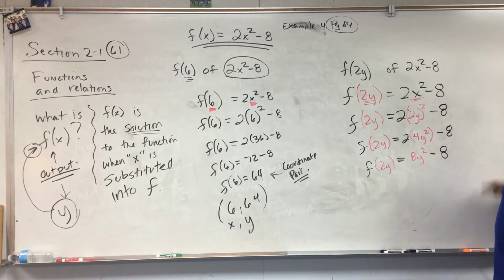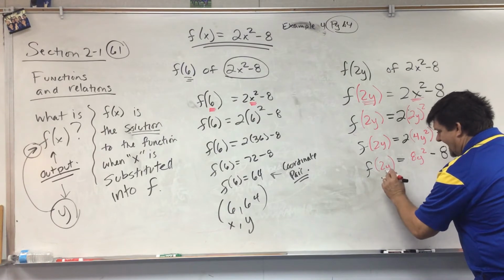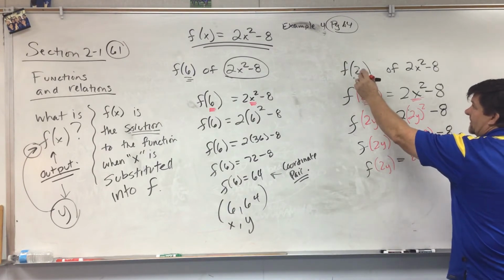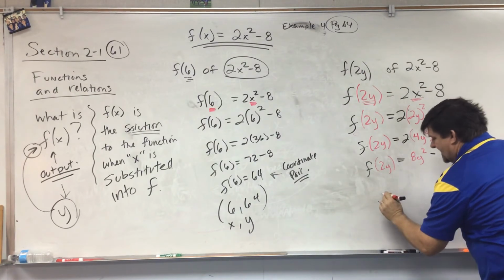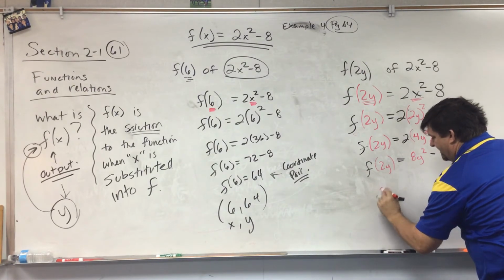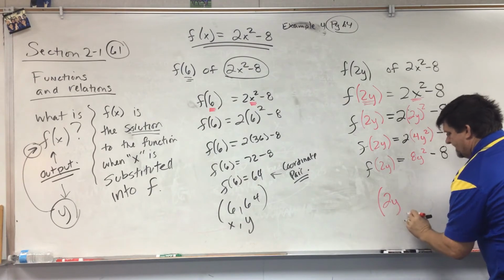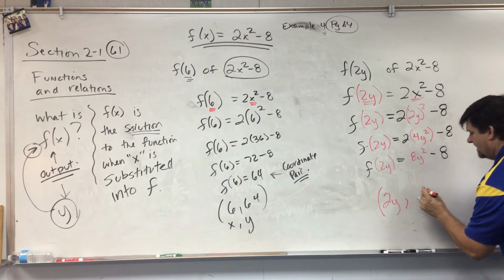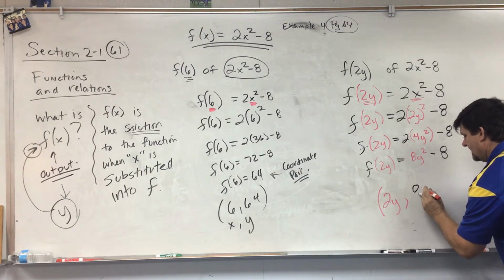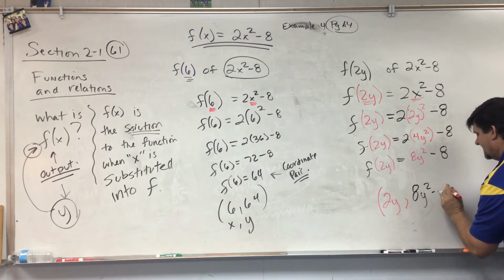Okay, so now you're like, well, I don't have an x and a y. Yes, you do have an x and a y. It just looks a little different. So my x is the original thing I plugged in or I substituted in. It's what I put in for f of x. So I get a coordinate pair of 2y, comma, 8y squared minus 8.